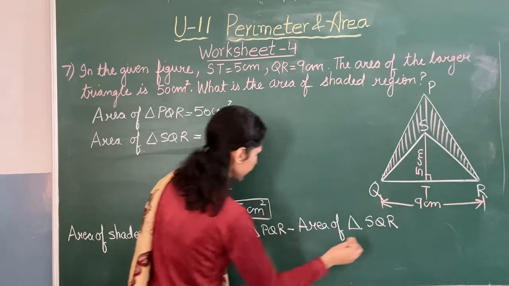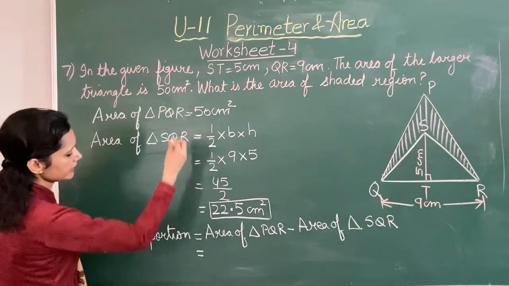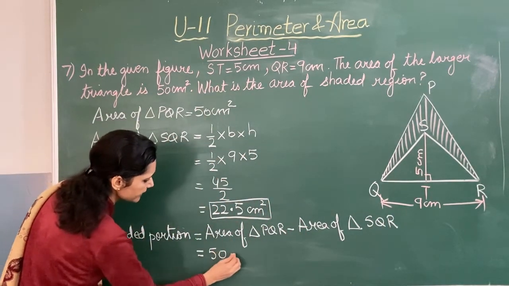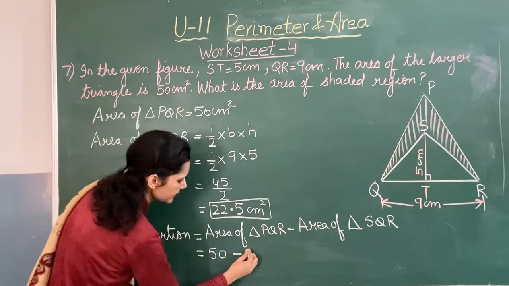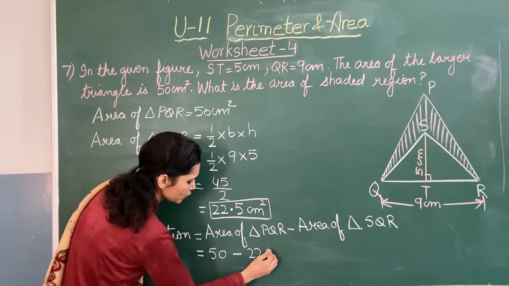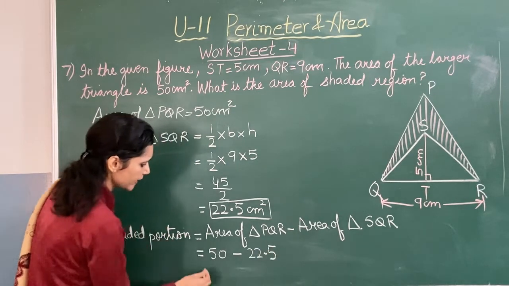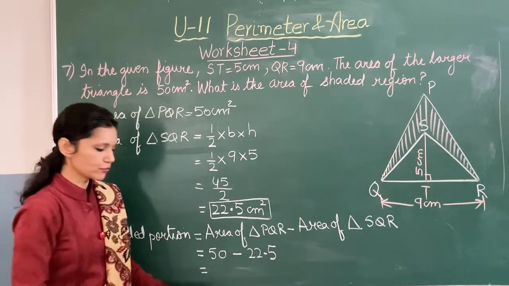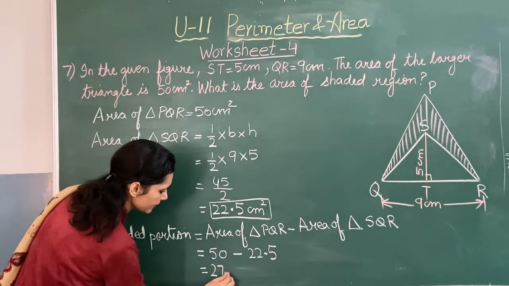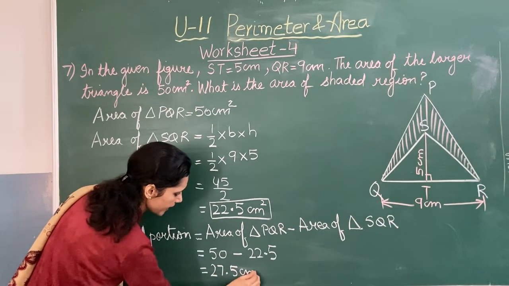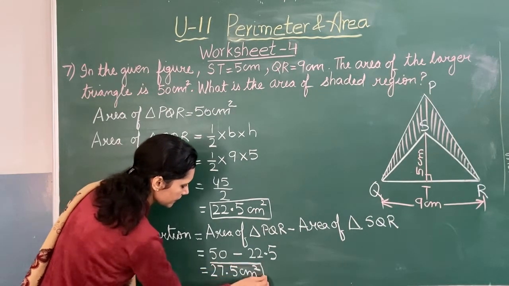So let's put in the values of the areas. The bigger triangle's area is 50 square centimeters and the smaller is 22.5 square centimeters, which comes out to be 27.5 square centimeters.